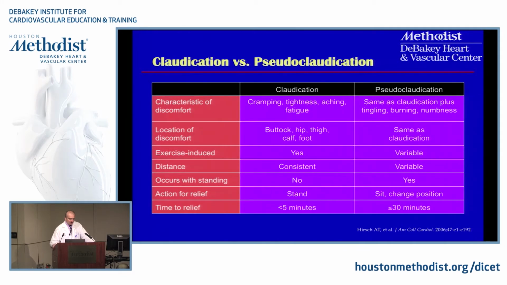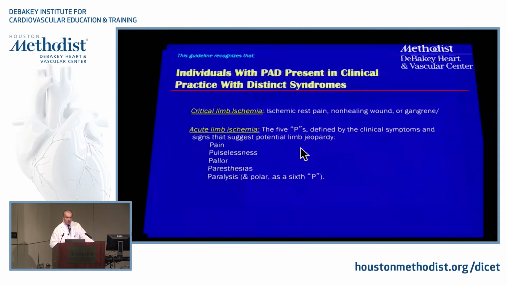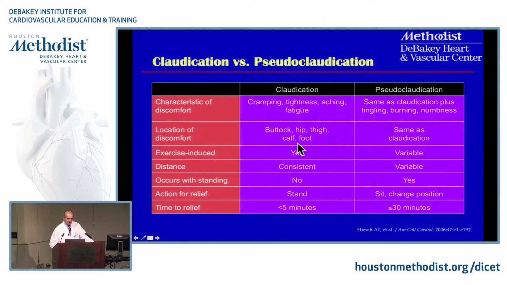And this goes through and points out some of the features between true claudication and what we call pseudo-claudication. On the left-hand side, true claudication tends to give you a cramping, tightening, aching, or fatigue type symptoms. We typically think of claudication as affecting the calves, but it can also affect the buttocks, the hips, or the thighs.